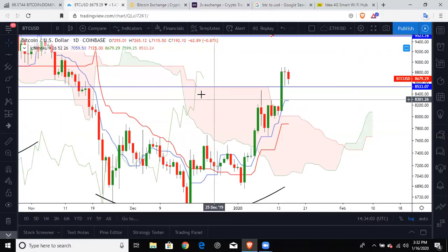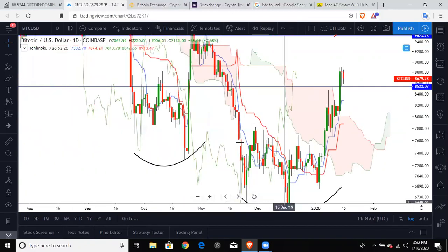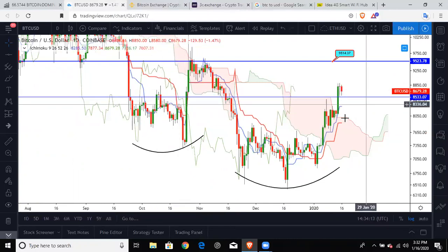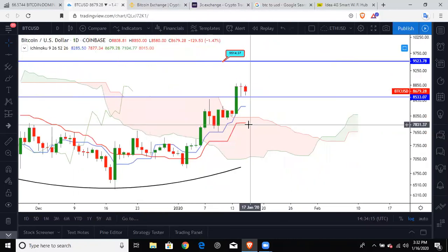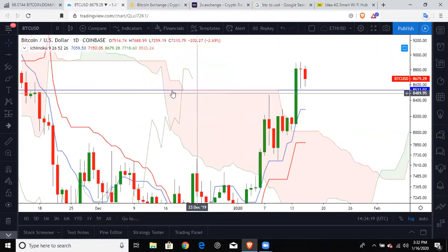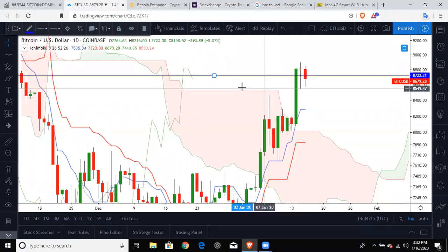I said whenever you have any flat cloud, just make sure you put your horizontal line. It will show you previous support and resistance here. So we had this flat line, and now this flat line will serve as a support, which is the flat cloud around here.